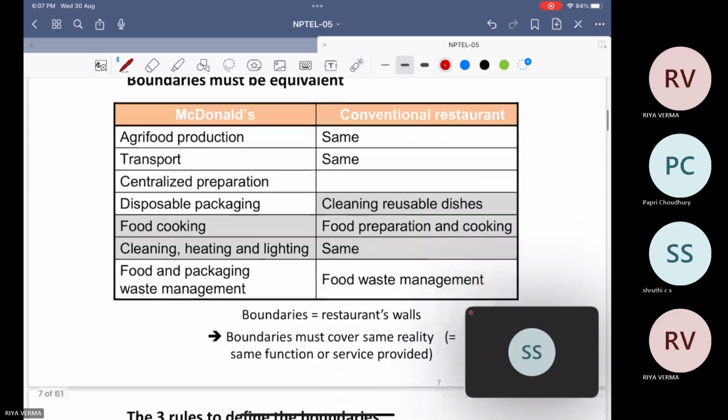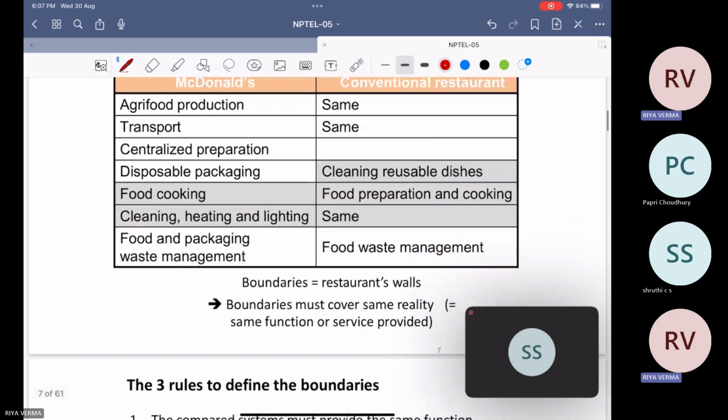For example, the agri-food production would be the same in both restaurants. The transportation they are using is the same. McDonald's uses disposable packaging, while the conventional restaurant is cleaning reusable dishes.